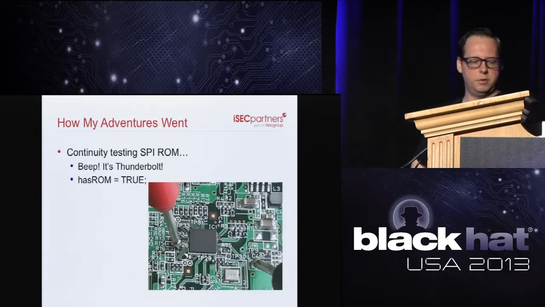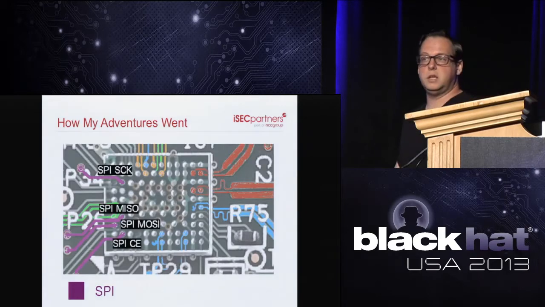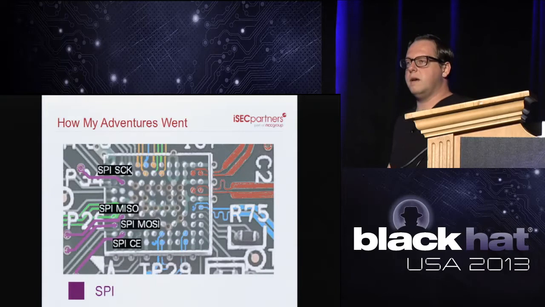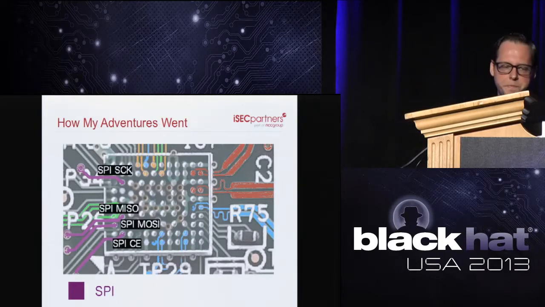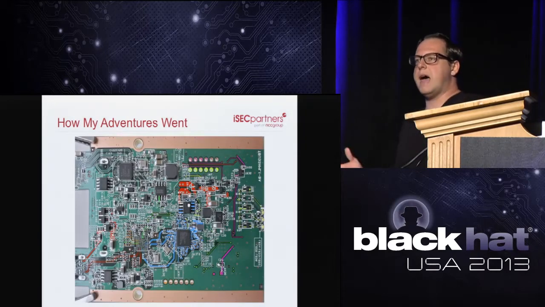So we're able to find out this definitely is the ROM for Thunderbolt. So not only do we know we have some code we can look at, we also know that we have 4 more pins that we can add to our list of pins for Thunderbolt. And so we do this process, and we start developing this map of how all these things are working together.